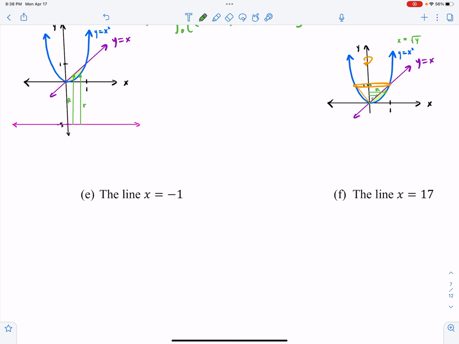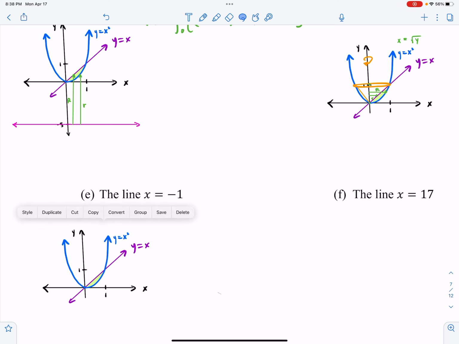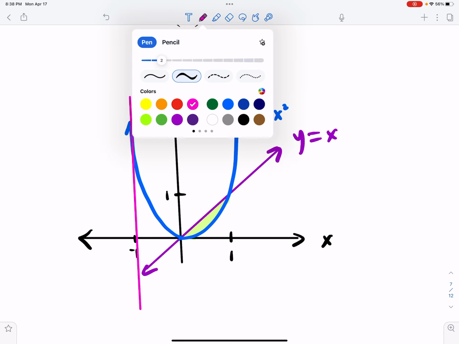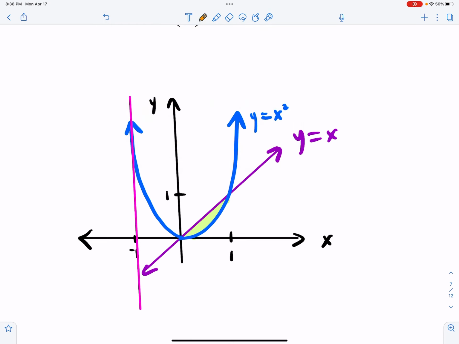And then about the line x equals -1. Okay, so thinking about rotating that region.